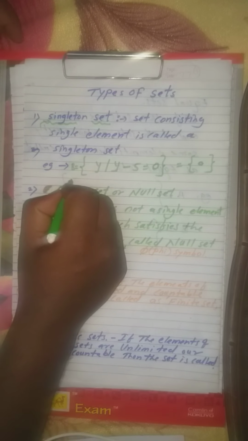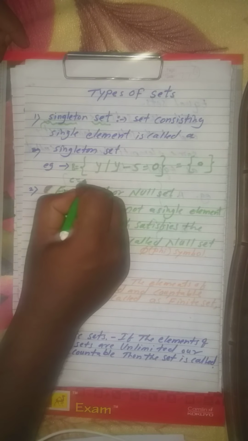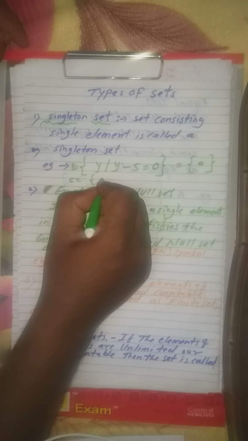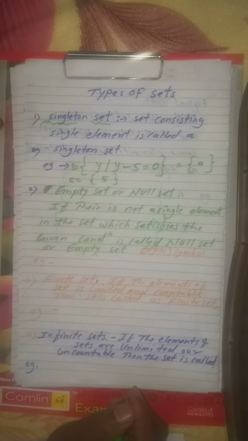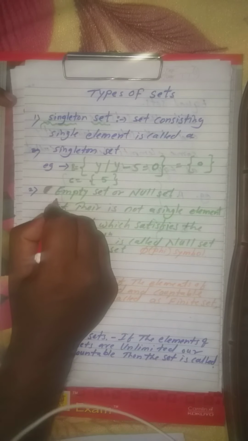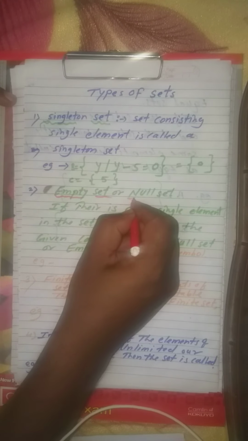Or in another example, C is equal to {5}. In this set C there is only one element, that is 5, so it is called a singleton set.